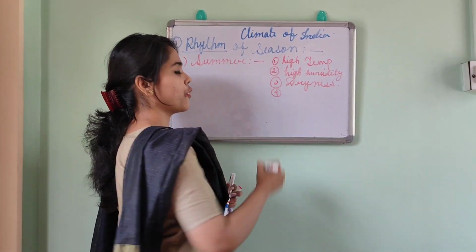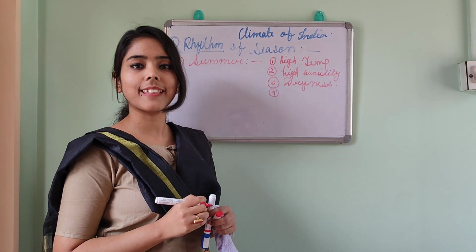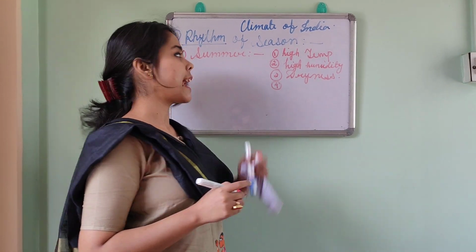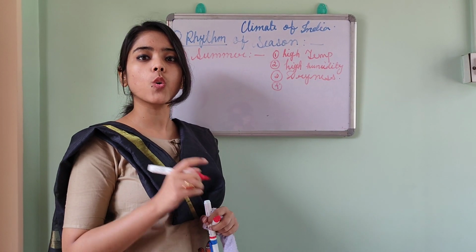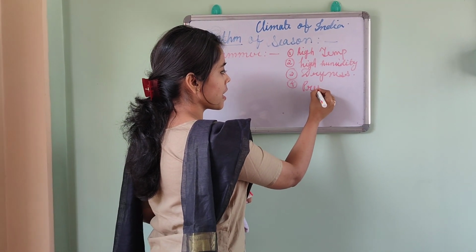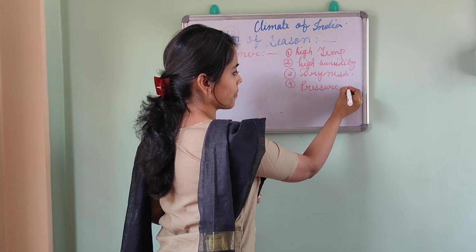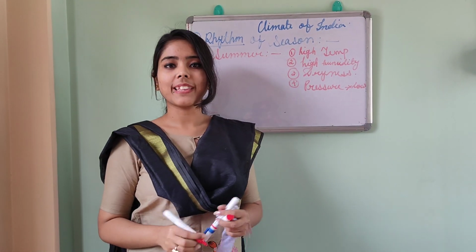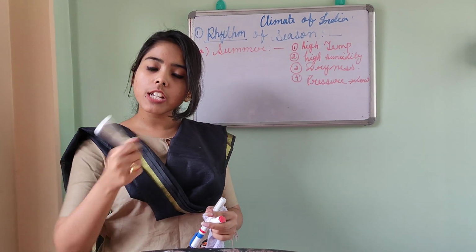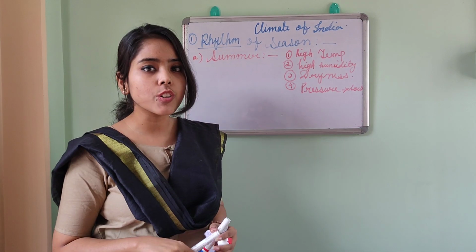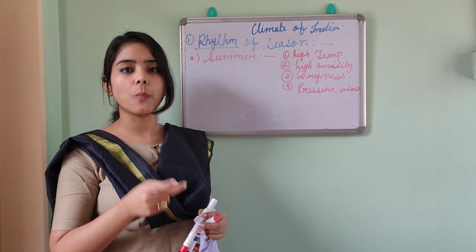And then number 4, which is very important, that is the wind pressure. How will it be? In summer season, generally over the land surface, pressure remains low. Now, we all know that there is an inverse relationship between temperature and pressure. What is inverse relationship? That means completely opposite relationship.